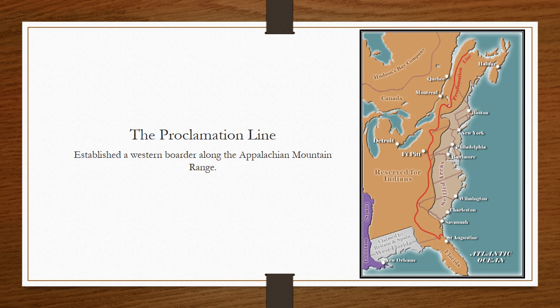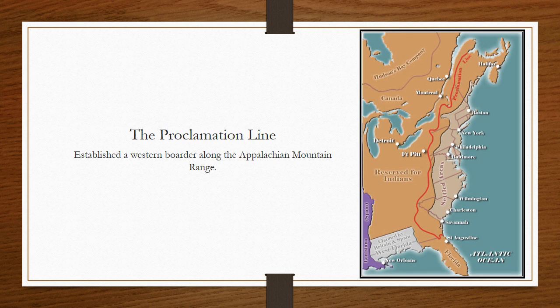It said that English colonists could not move past that line, even though there were colonists that did move past that line prior to the establishment of the proclamation line. This really hindered westward expansion, and many new colonists wanted to move west to have that land, to call it their own, for the betterment of themselves and their families.